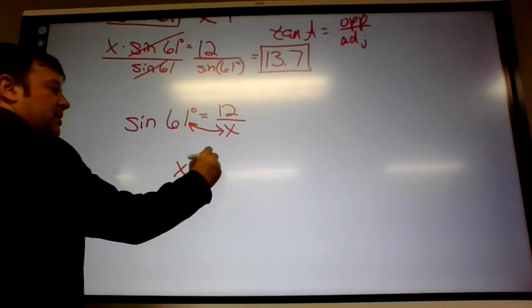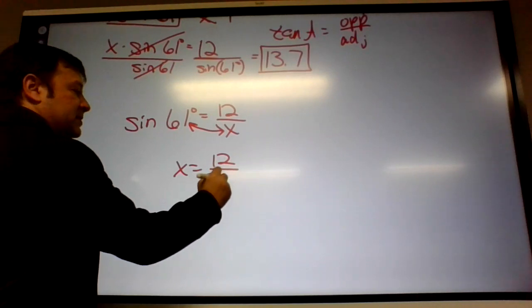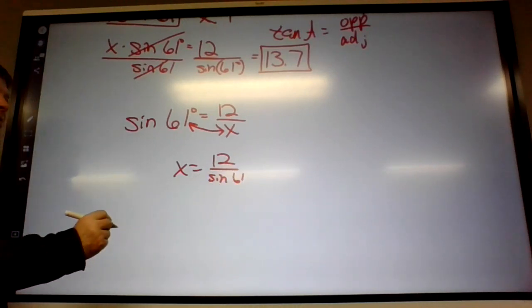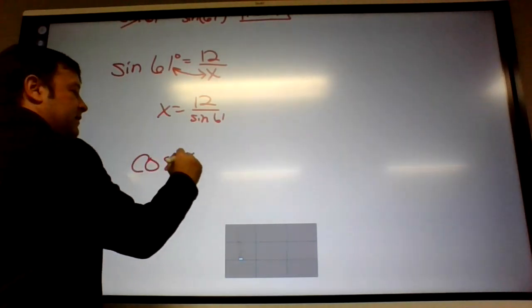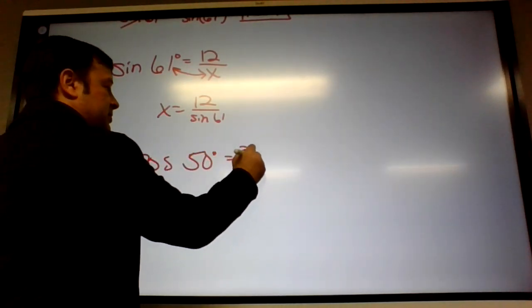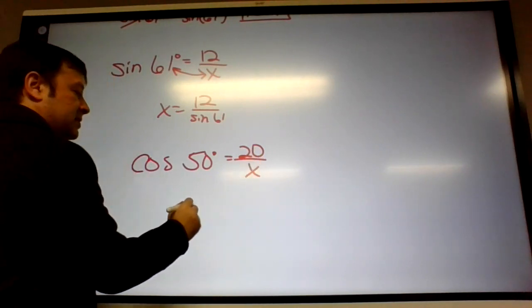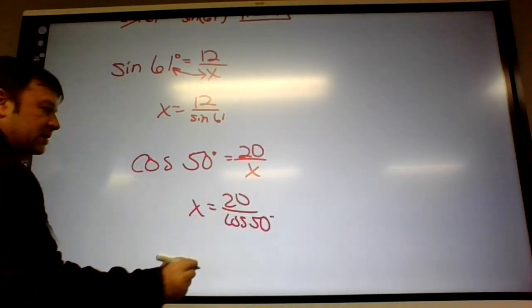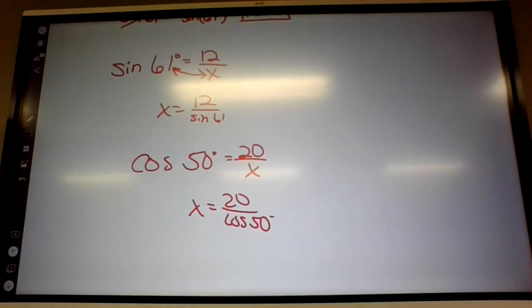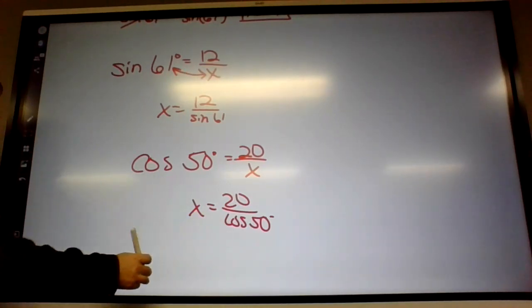So the answer was x equals 12 divided by sine of 61. You see the pattern? If I had, let's say, cosine of 50 equals 20 over x, then x would equal 20 over cosine of 50. They just change places. And that's what you put in the calculator.